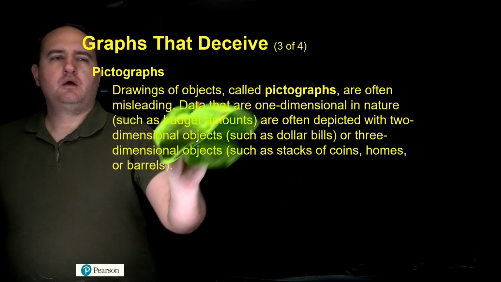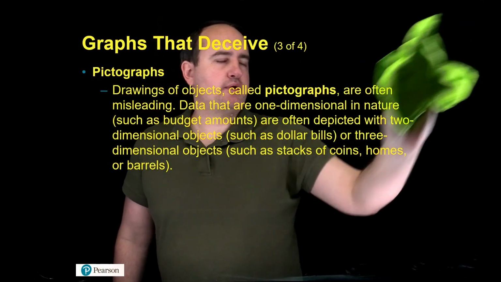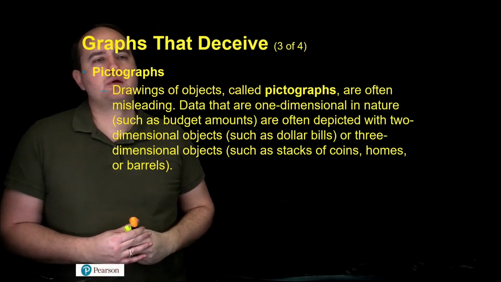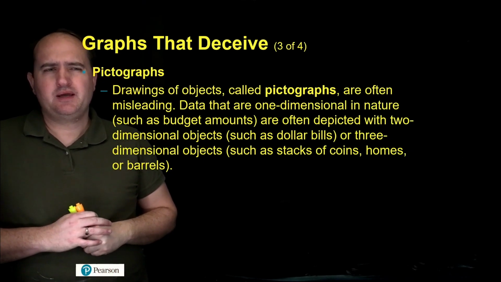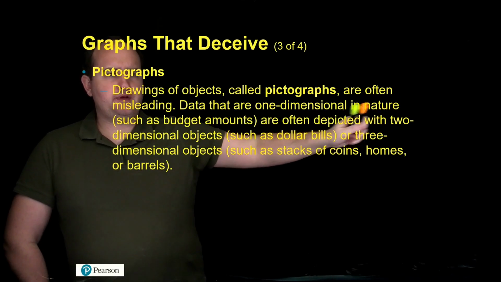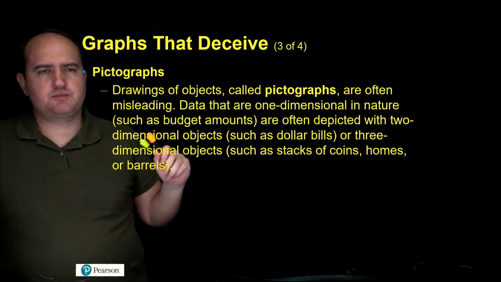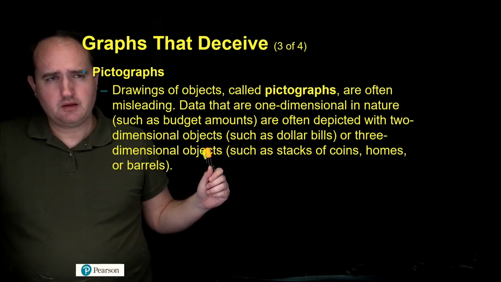Pictographs, I'm sure you've seen one before. If not, we're going to take a look at one right now. The reason they're deceiving is they're usually representing data that are one-dimensional in nature, such as budget amounts or anything that's one-dimensional.